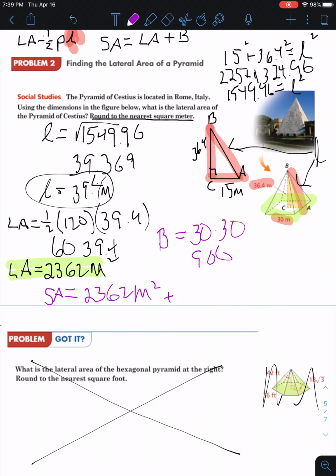So we'll add to that the 900 meters squared, and that would give us 3,262 meters squared for the surface area.